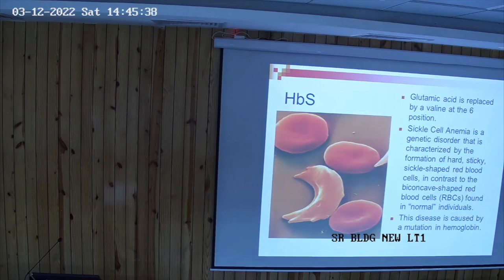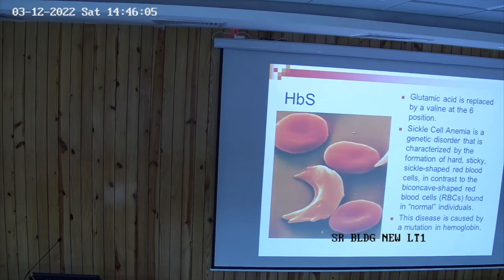When there is a valine and glutamic acid replacement, what will happen? The RBCs will form crystals. These small crystals are known as tactoid crystals, and when tactoid crystal formation takes place, it changes the RBC structure from biconcave to sickle shape.